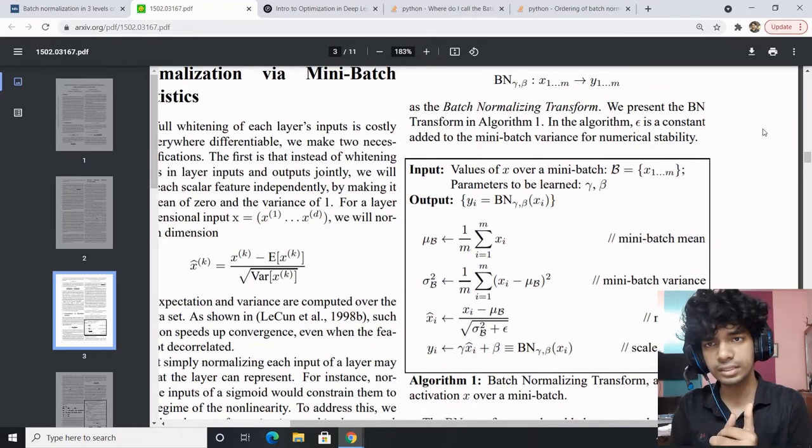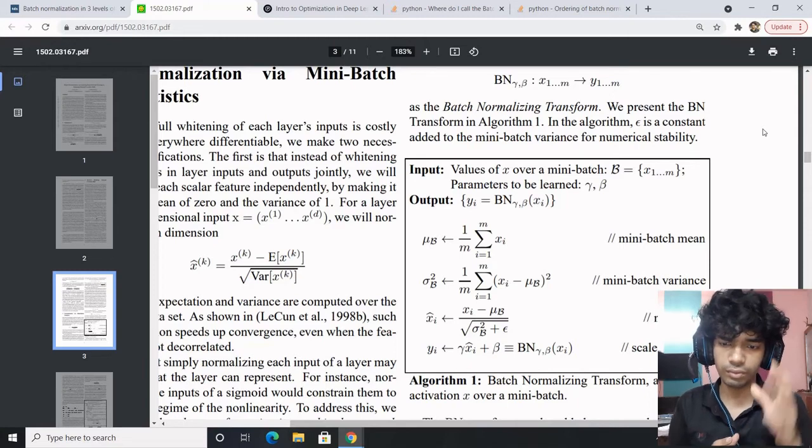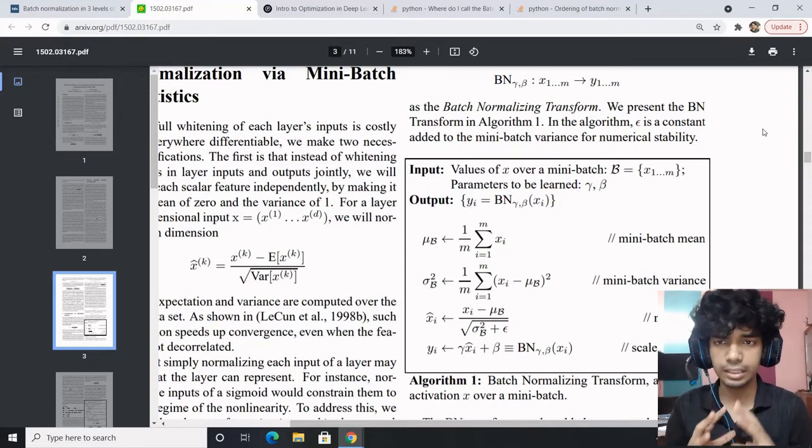Batch statistics are used to counter the effect of internal covariance shift. So you have the batch mean, the batch variance, then you normalize, and thereby you do the scaling and shifting so as to obtain the final parameters which would be needed.